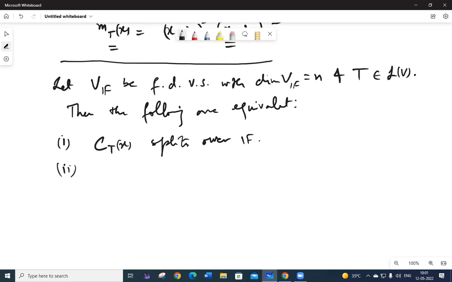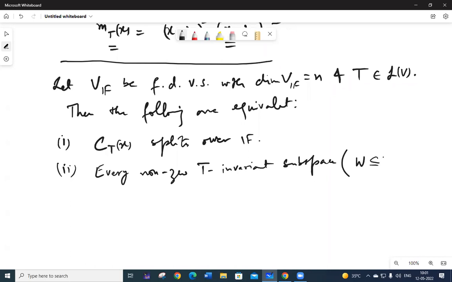Second part is every non-zero T-invariant subspace of V contains an eigenvalue of T. A T-invariant subspace means W is a subspace of V such that T(W) is contained in W. Third part is T is triangulable.